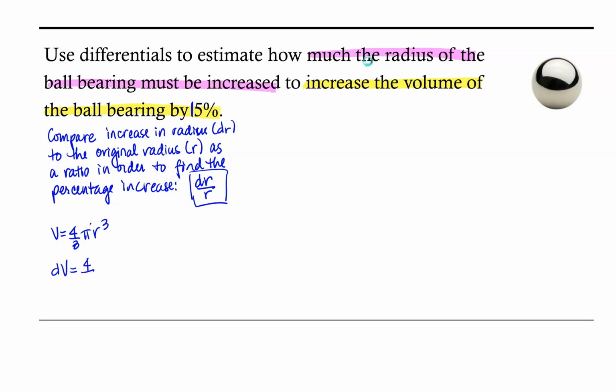So the current volume of the sphere, or the ball bearing, is 4/3 pi r cubed, but we want this to be 15% larger. So we want the volume to increase by 15%. So this expression here, volume by 0.15, represents the change in volume being 15%.